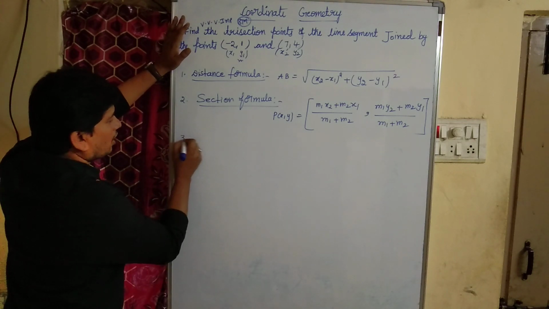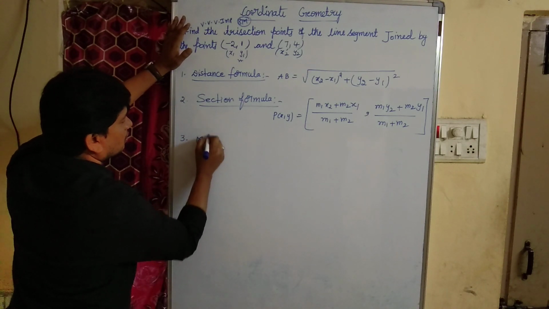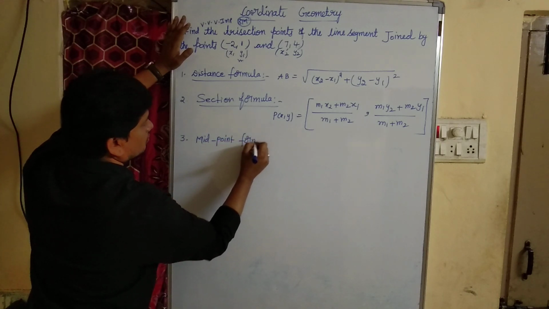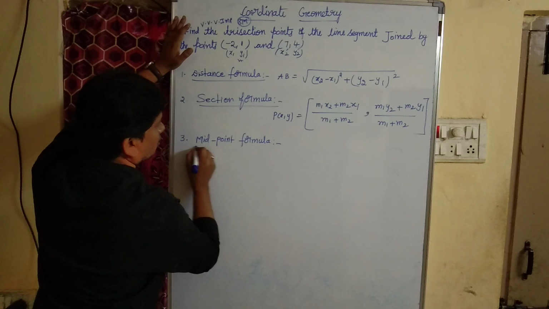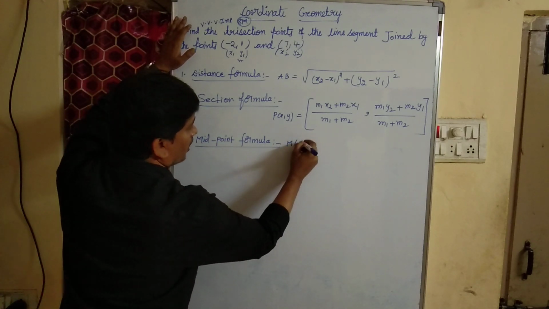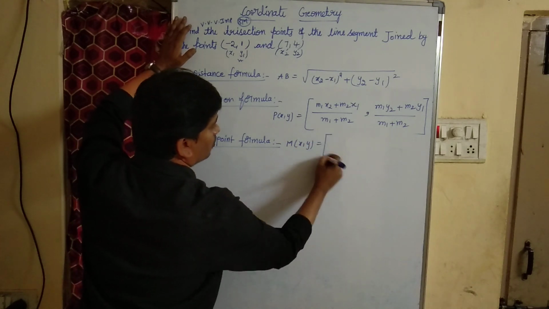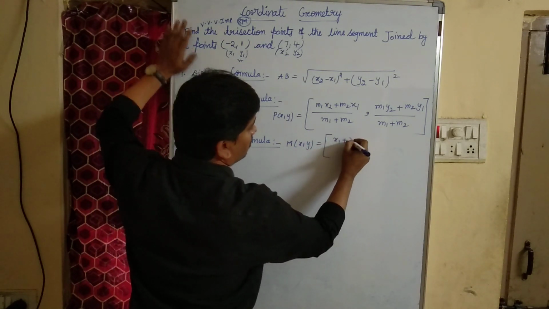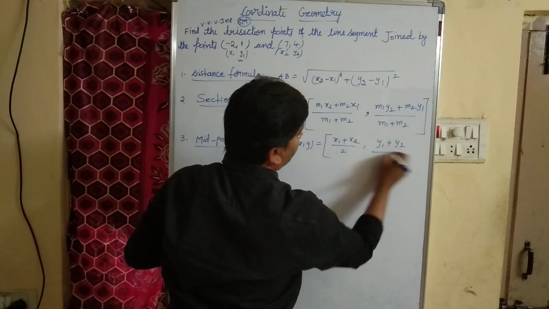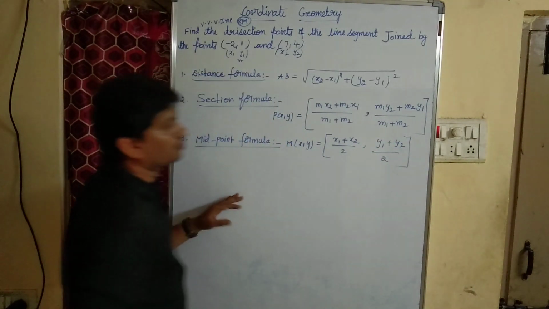Okay, and coming to the third formula, that is the midpoint formula. That is M of x comma y equal to x1 plus x2 by 2 comma y1 plus y2 by 2.